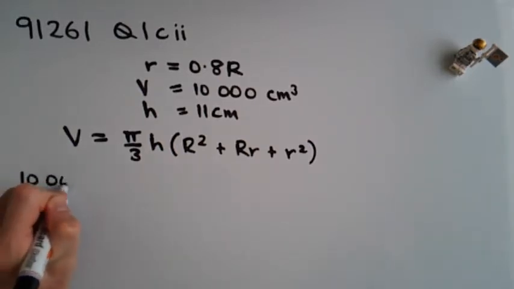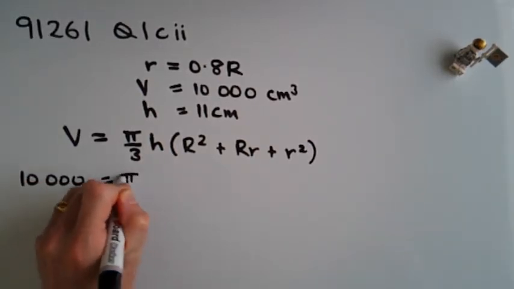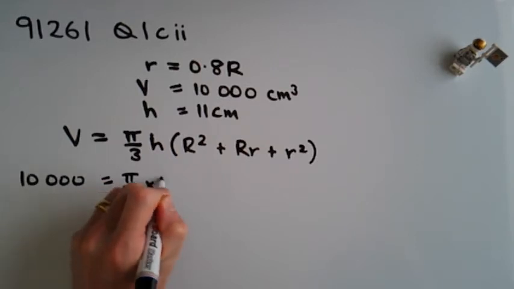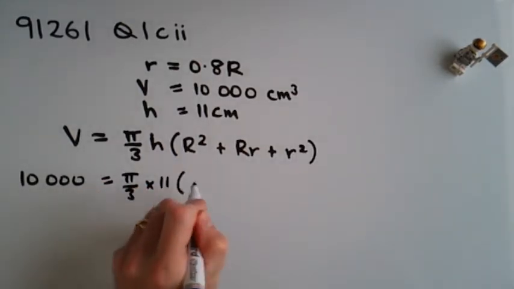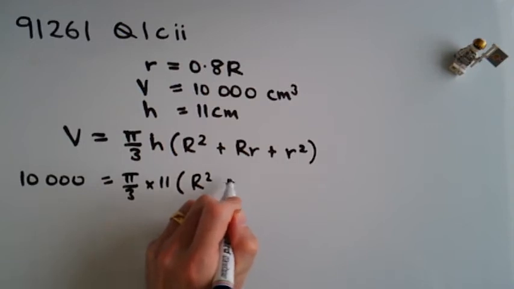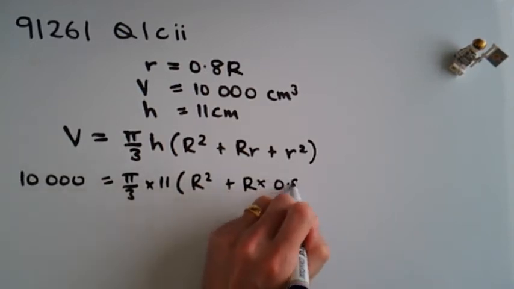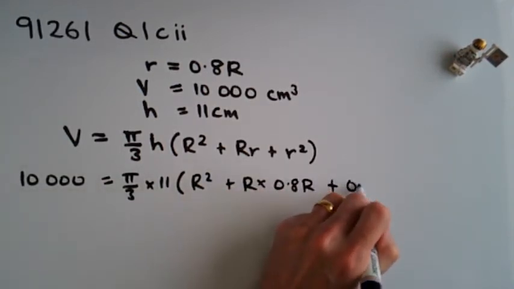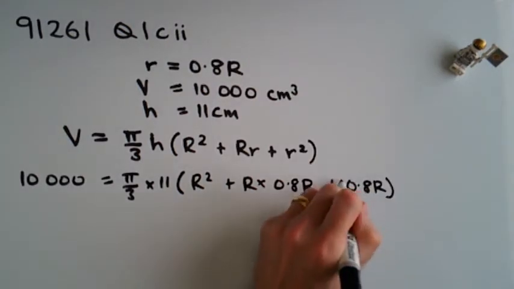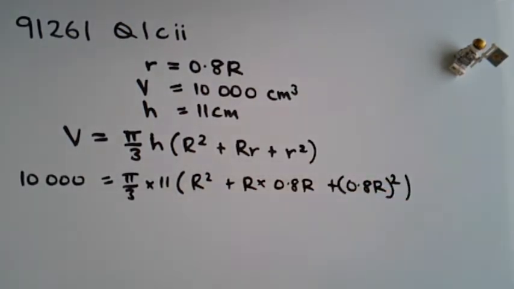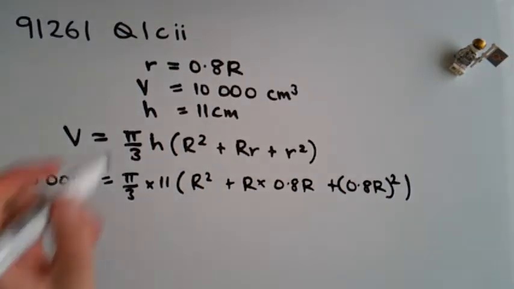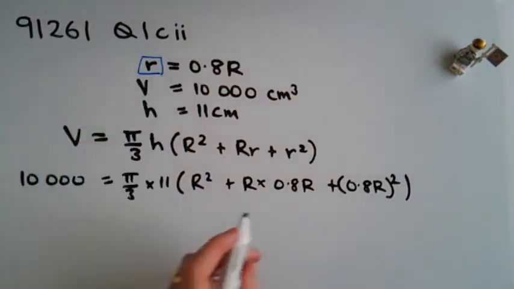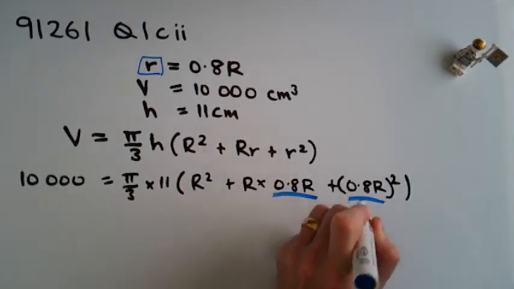So 10,000 is equal to pi over 3 times 11 times R squared plus R times 0.8 R plus 0.8 R squared. So I've substituted in there for little r here and here.